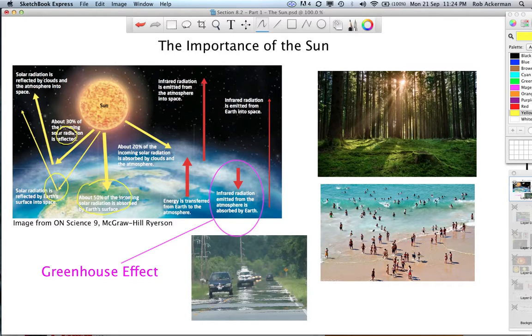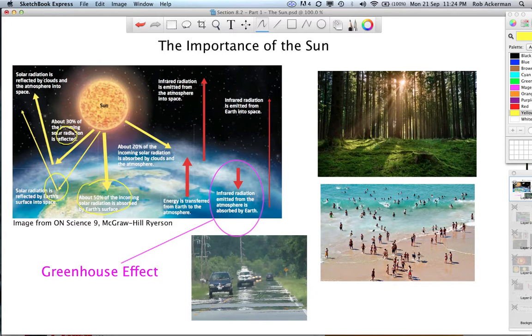Now, that energy that gets absorbed, of course, heats up the ground, and then the ground gives that heat back up into the atmosphere. You get a feel for this if you've ever seen a scene like this, on a hot summer day looking down the road, and it almost looks like water or glassy, even though it's not raining. This has something to do with all of the heat heating the air near the surface, and that changes the way the light from the sun passes through and into our eyes, and it gives the sensation of a mirage, as it's called.